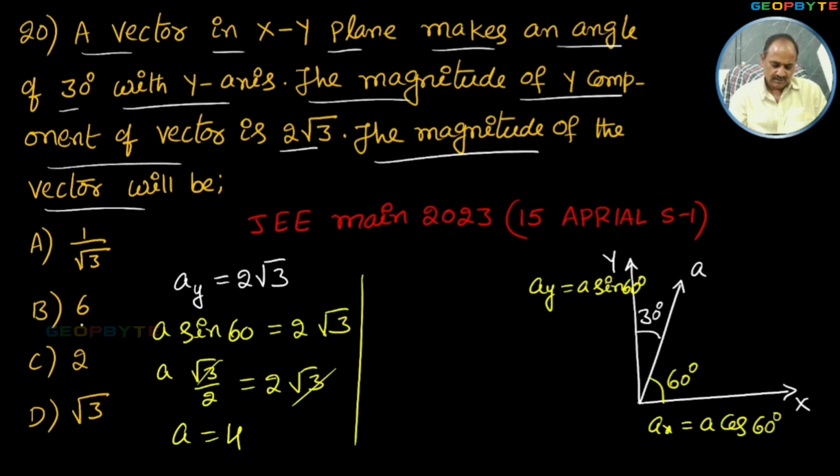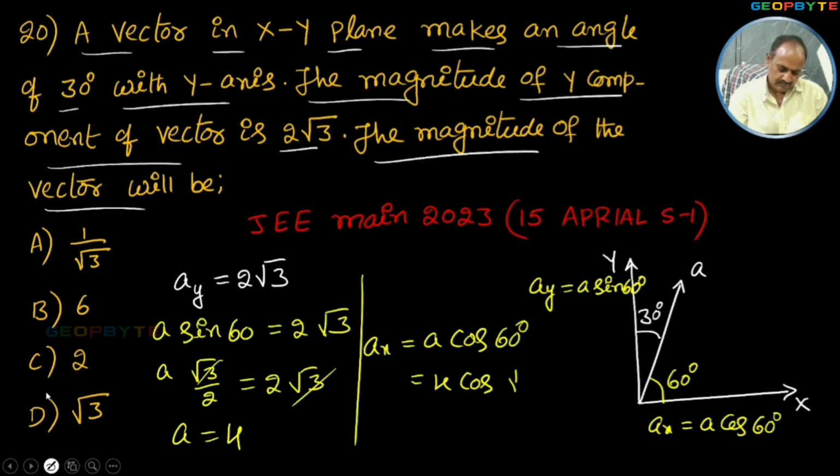But the option is not available as 4. So indirectly it may be asking for the x component. The x component AX equals A cos 60 degrees, which is 4 cos 60 degrees. Cos 60 is 1 by 2, so it is 2.